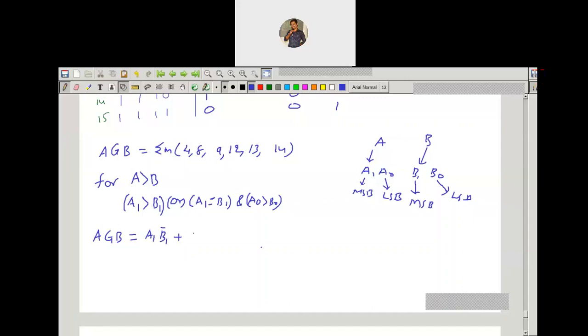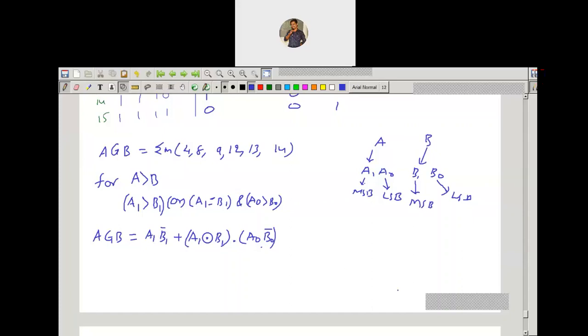That means you can write it as A1 XNOR B1, and A0 is more than B0, A0 B0 bar. Okay. So this is the A more than B possibility expression.